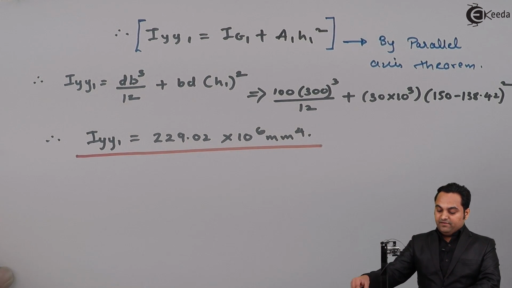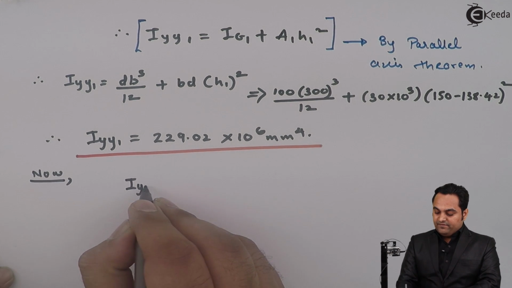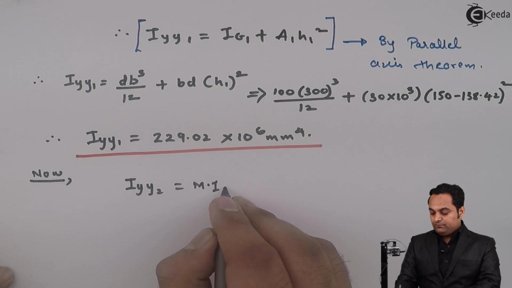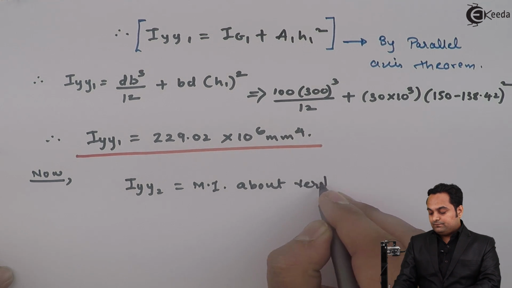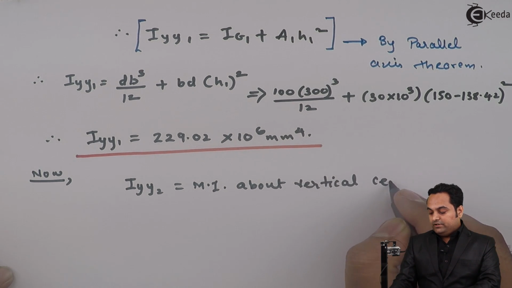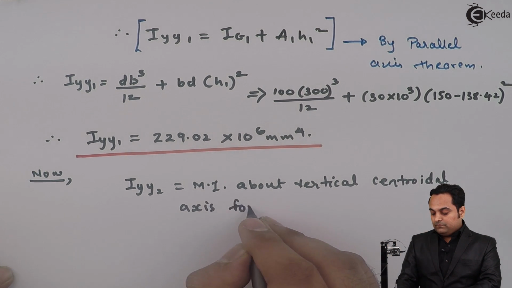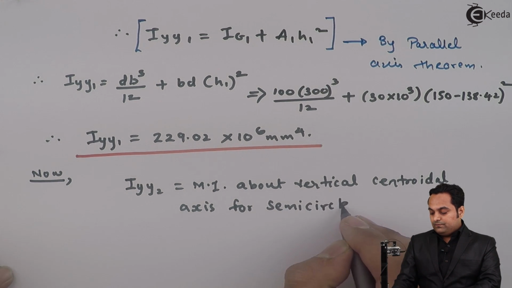So after getting Iyy1, we'll get Iyy2 is equal to MI about vertical centroidal axis for semicircle second.